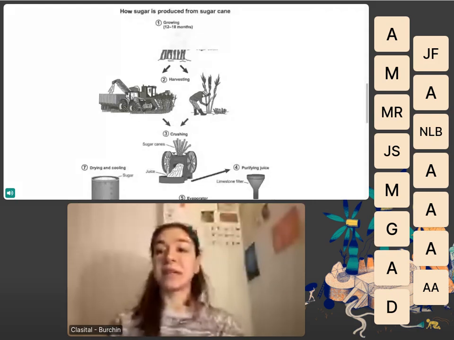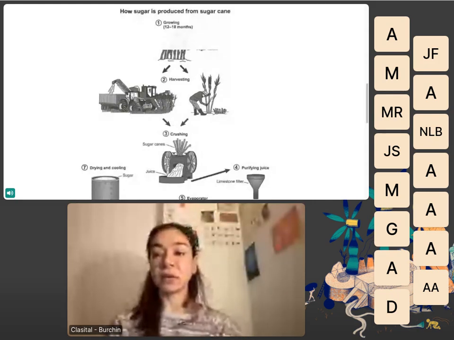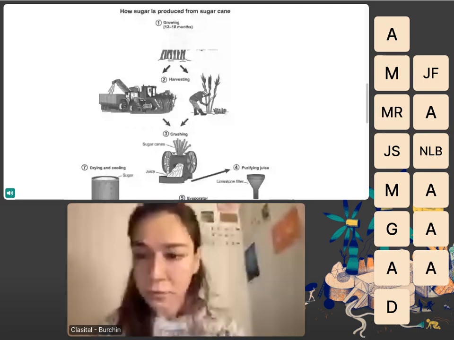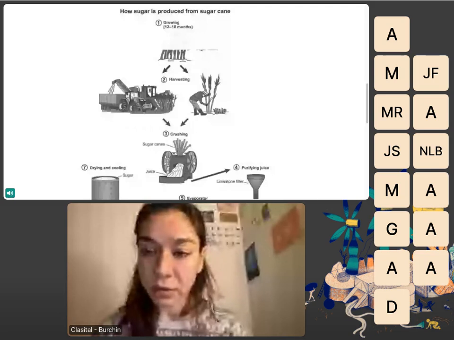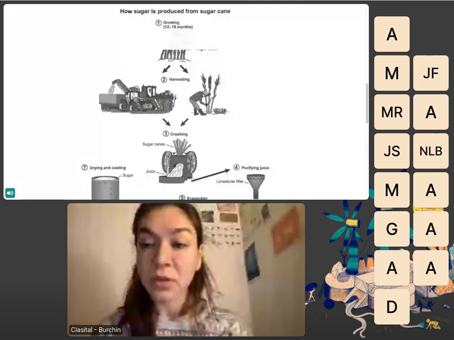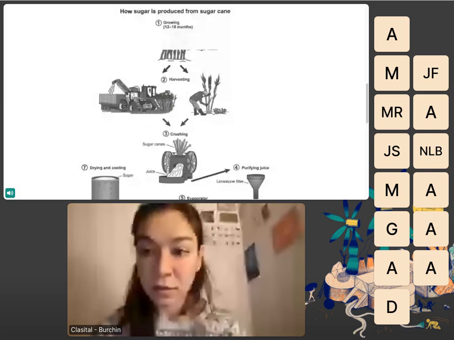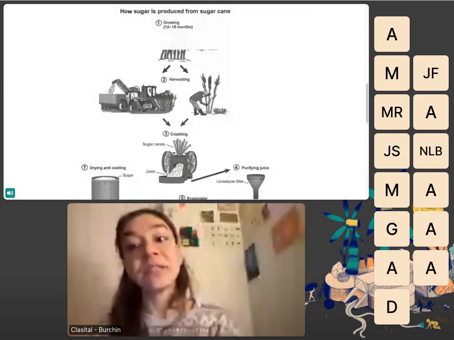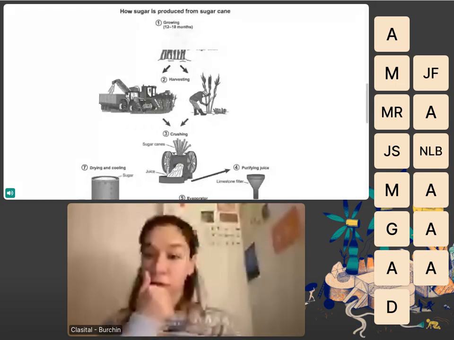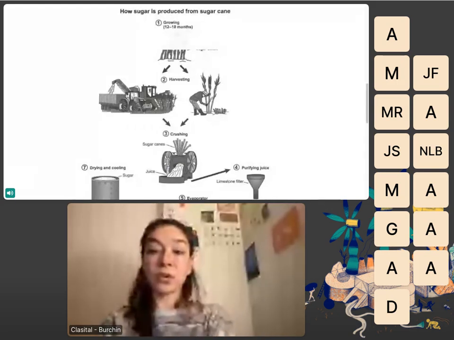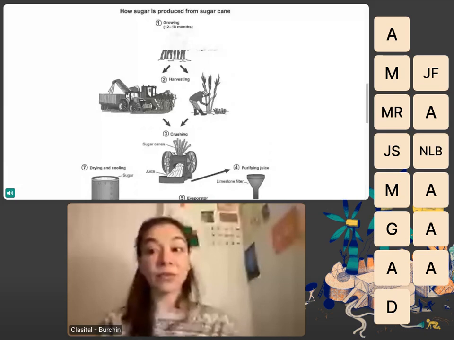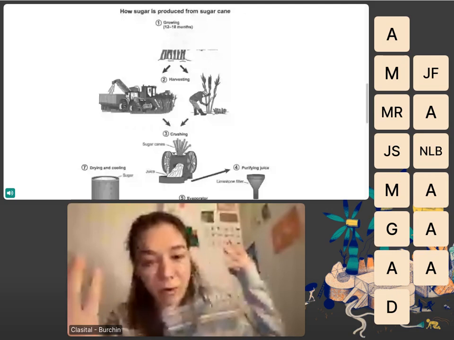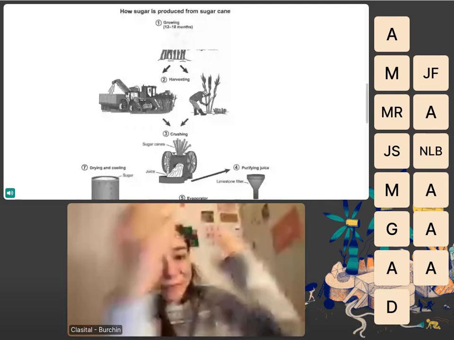Divya says, the given illustration shows the production of sugar from the sugar cane, which includes the growth of the sugar canes, which is about 12 to 18 months. Very good, Divya. But be careful, you are saying they are making sugar cane from sugar.